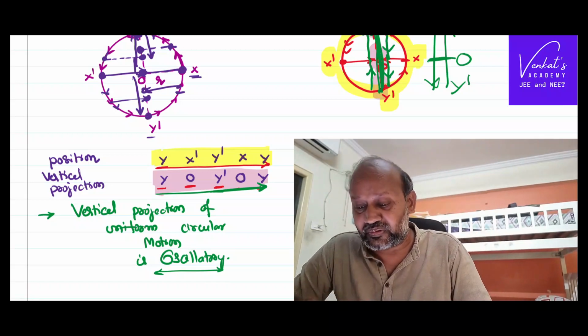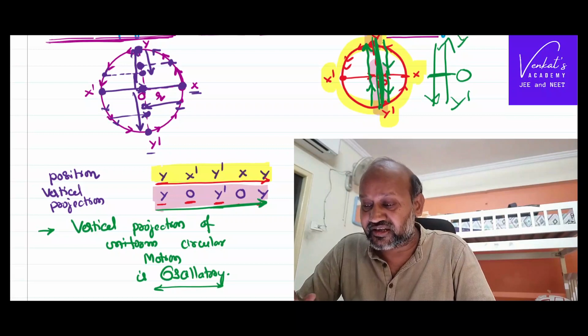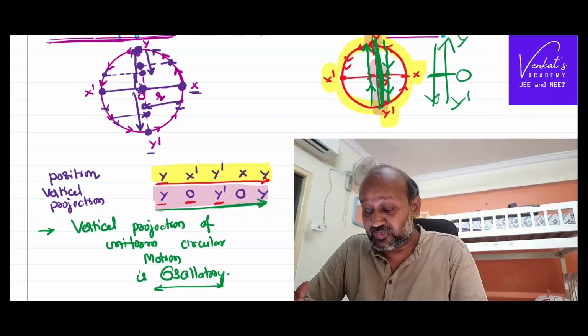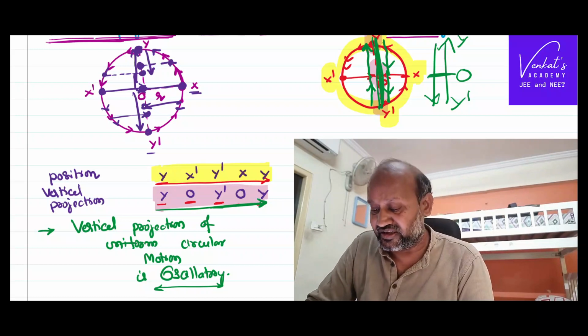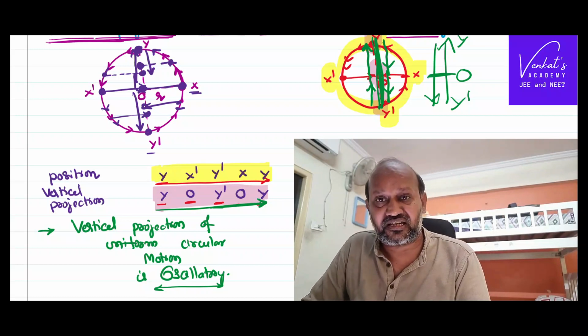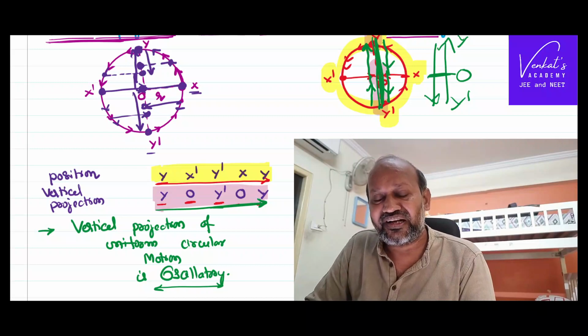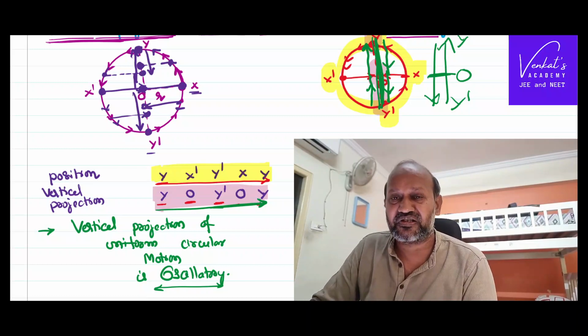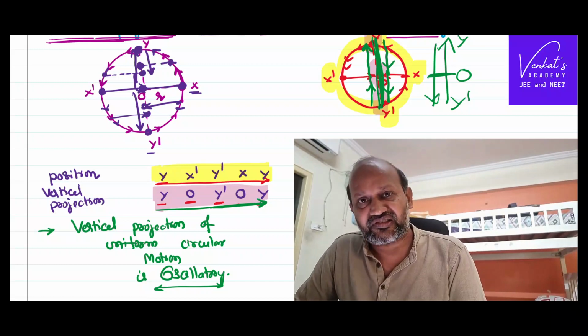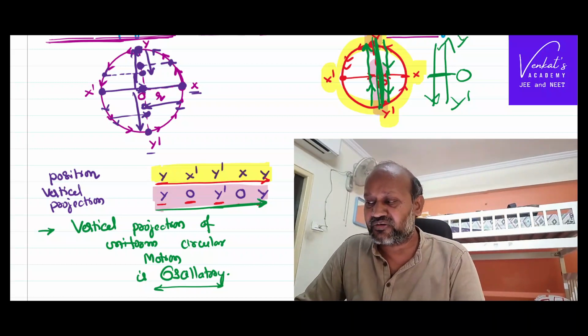I have only proved that this is an oscillatory motion. To prove that it is a simple harmonic motion, I have to prove other conditions, that acceleration is directly proportional to displacement and they are in opposite direction. That's the third condition. For that, I have to derive an expression for displacement, velocity, and acceleration. We will do that over the course of time.